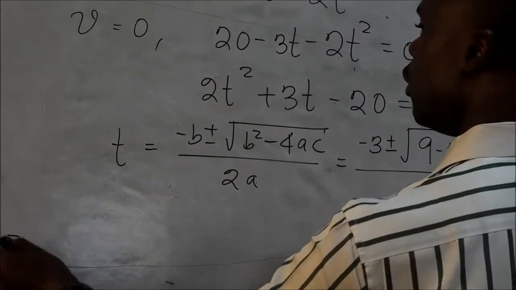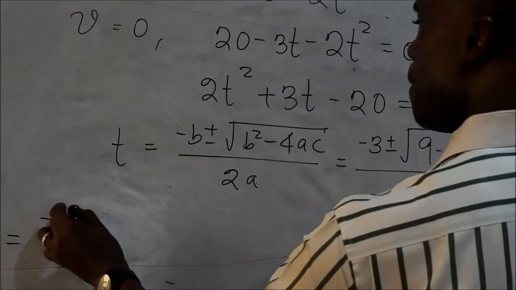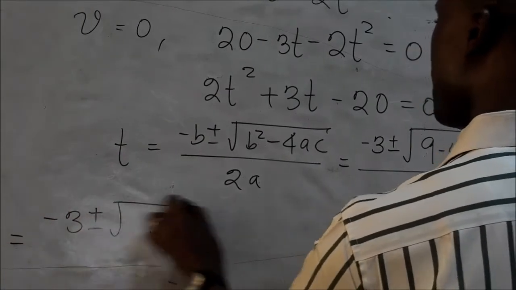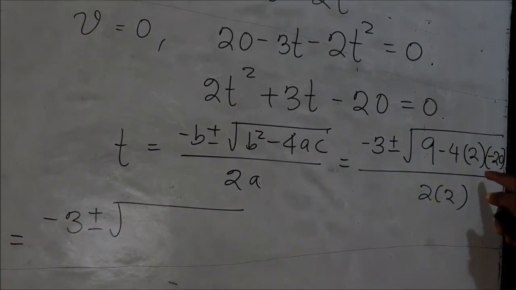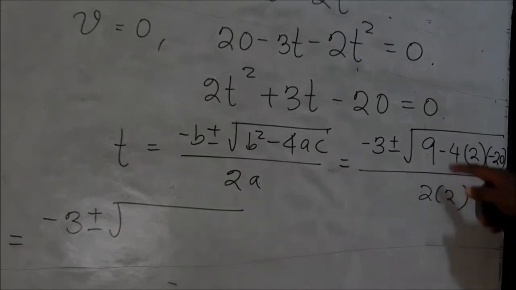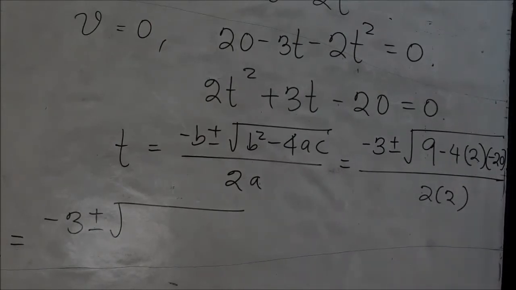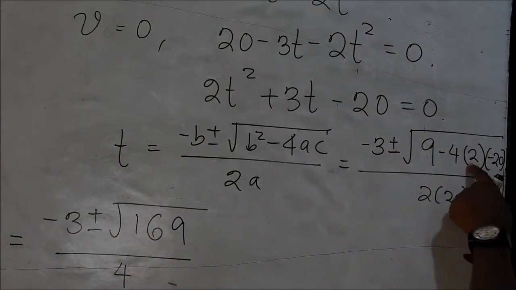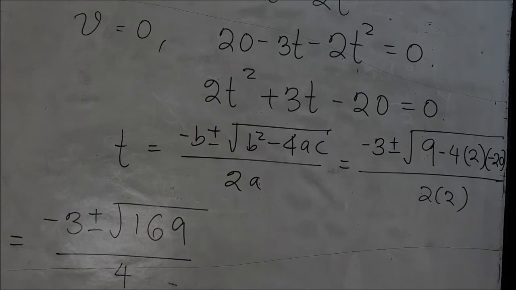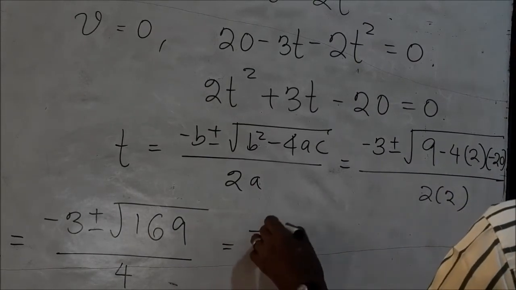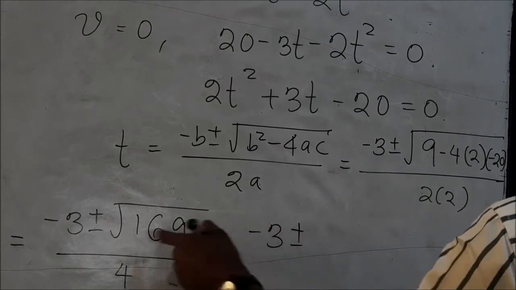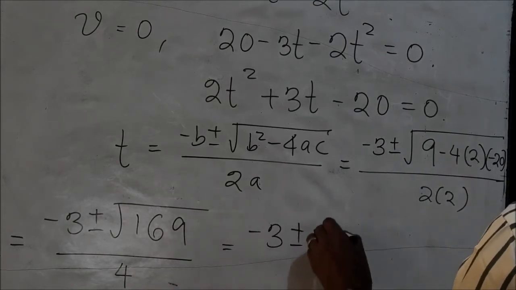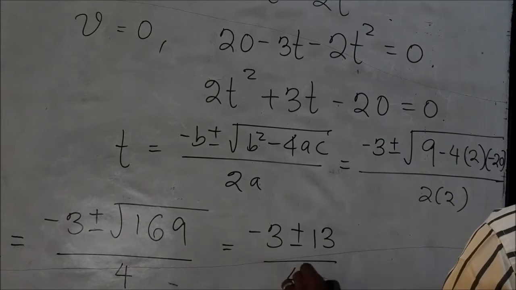So this is going to give us 9 plus 160, that's 169. And this is the same thing as minus 3 plus or minus the square root of that, which is 13, over 4.